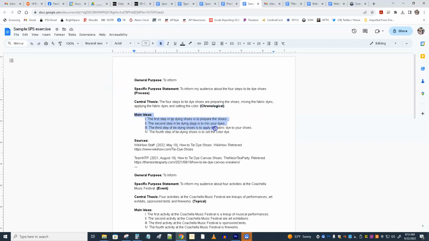Then we could write out the main ideas like this, and notice how we use exactly the same kind of language. It looks a little boring, but of course, when you develop your true speaking index, you use different language. This is the beginning of the structure of that outline that would then go into a set of cards. And each of these main ideas is going to have lots of sub bullet items or sub steps.